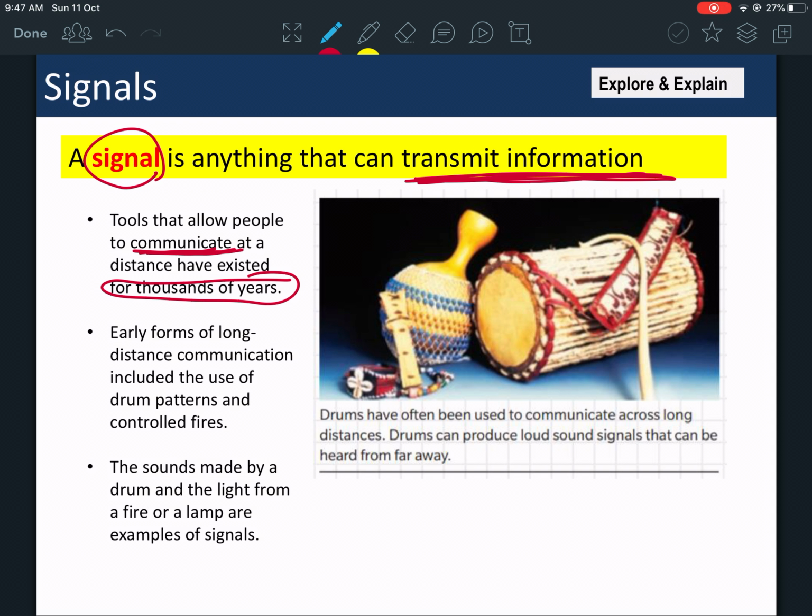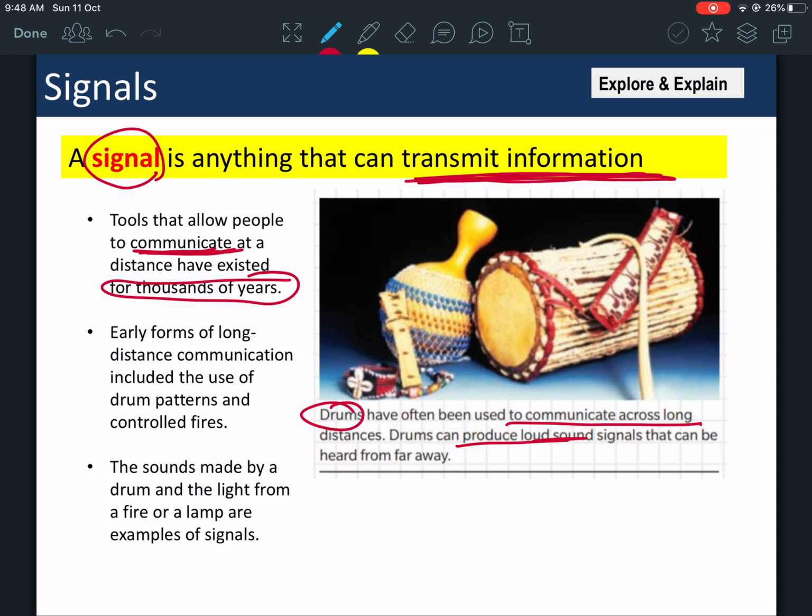Now our communication is via phone, text message, voice notes, but before, it was very different. They did not have any of that technology. So, for example, drums have been used for communication, to produce sound.